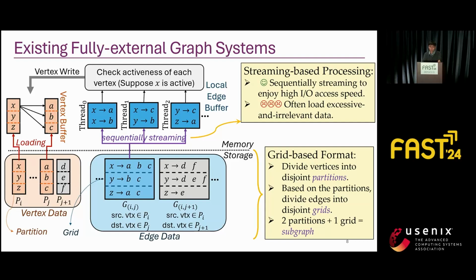So streaming-based processing does not make sense on those types of modern storage. Based on this observation, we seek a different principle called on-demand processing. The on-demand processing scheme can save I/O by reading only the necessary data, and meanwhile we can also leverage the decent speed of random access.